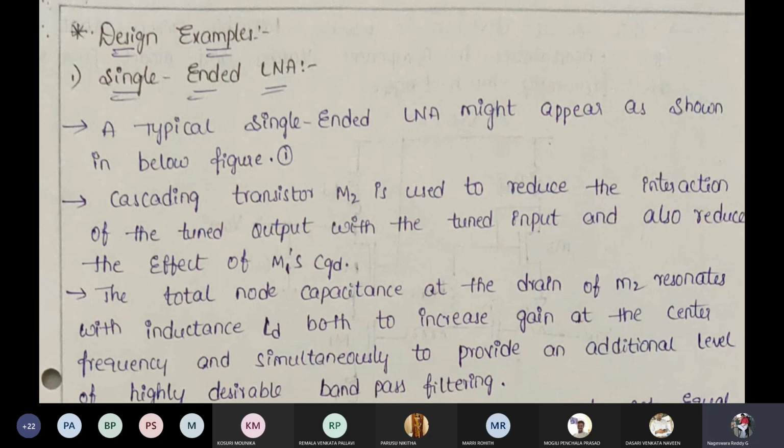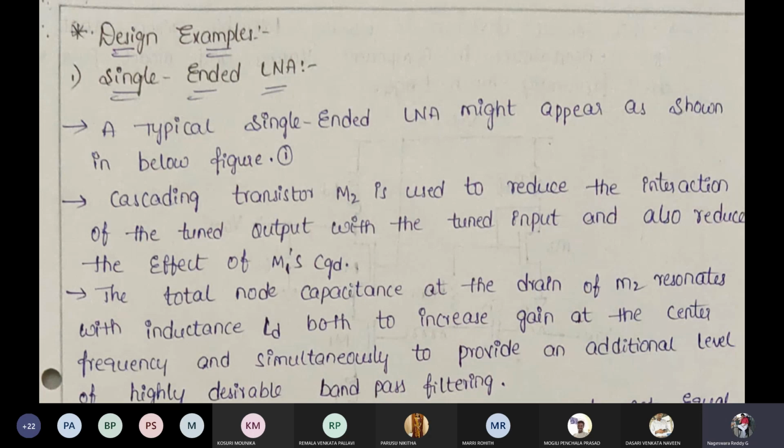The cascode single-ended low noise amplifier has 3 transistors. What is the function of the cascode transistor M2? It is used to reduce the interaction of the tuned output with the tuned input and also to reduce the M1 drain-to-gate capacitance. This is the function of M2.